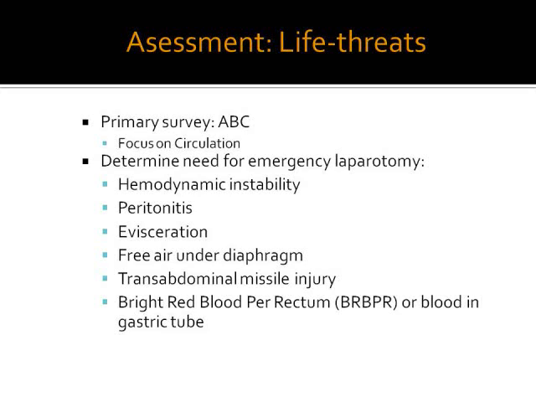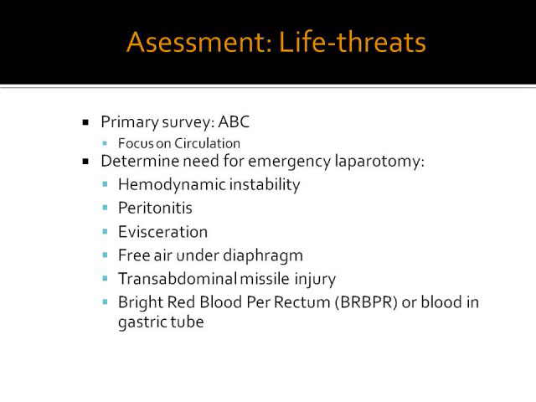We need to determine whether it's necessary to do an emergency laparotomy, and this is determined by hemodynamic instability, peritonitis, evisceration, that is a protrusion of gut from any open wounds in the abdomen, free air under the diaphragm suggesting gut injury, transabdominal missile injury. Any penetrating abdominal injury will warrant laparotomy.